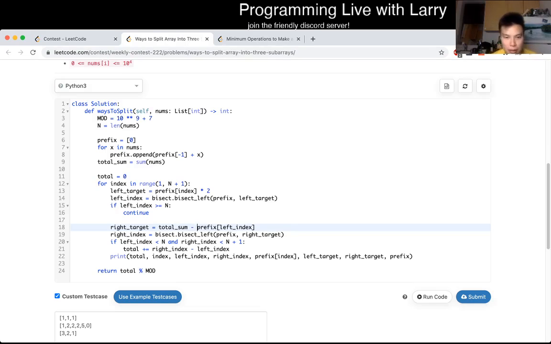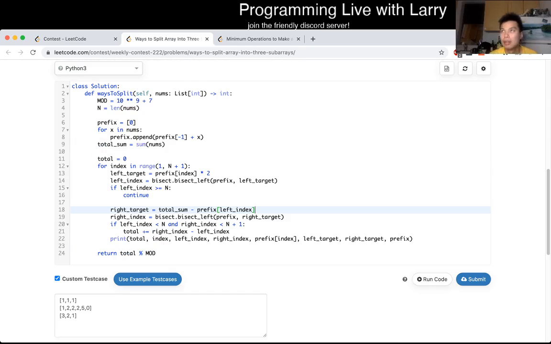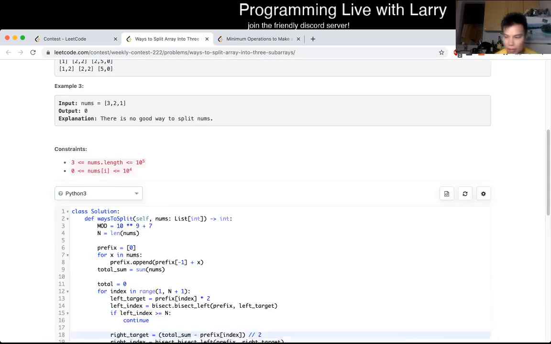So what is this? 2. That means that the total sum is minus this. I mean, I think it's something like that, but I'm not doing it quite right.